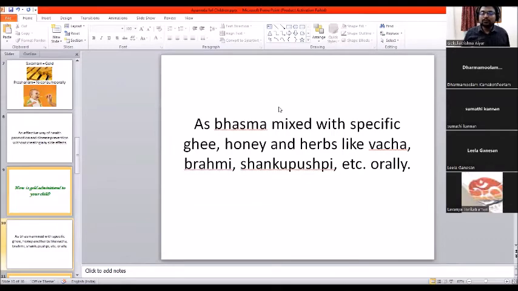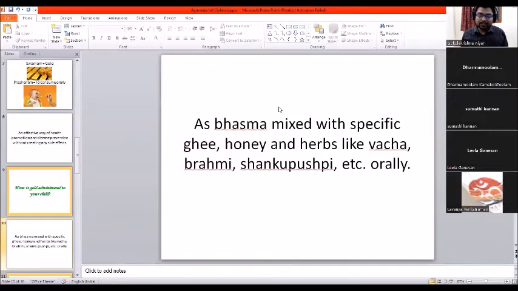Certain herbs, we take them, grind them and keep them mixed together. This is known as kalka bhagam or kalka component. Component 1 and component 2 are processed in ghee or ghritam. Kalkam we make into a fine paste, and only then we take it for the preparation of ghritam.